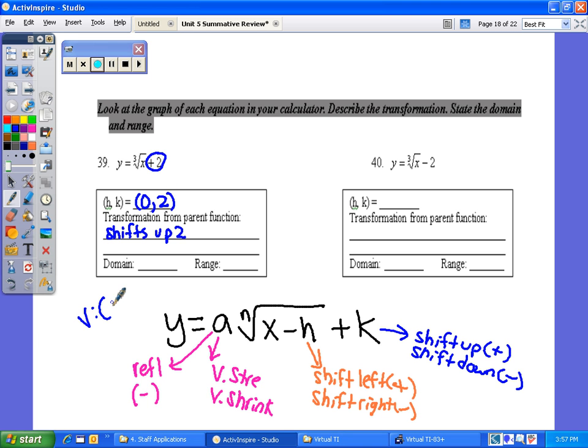So your vertex is HK. Okay, opposite of that, second number stays the same. The domain always comes from the vertex for squares, and the range comes from the vertex for square roots, but since this is a cube root, it's all real numbers. So remember, for cube roots, it's always this.